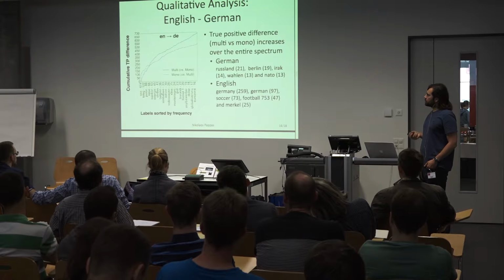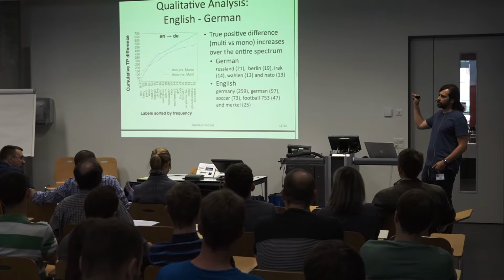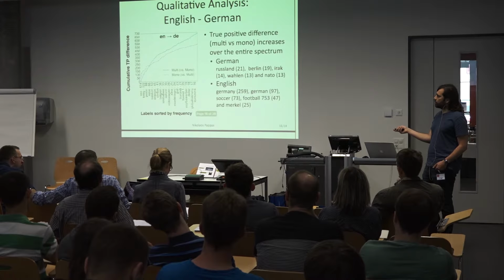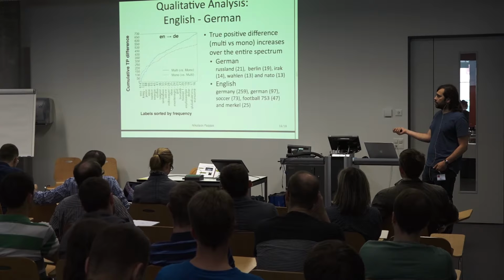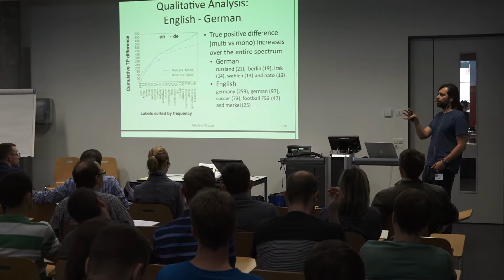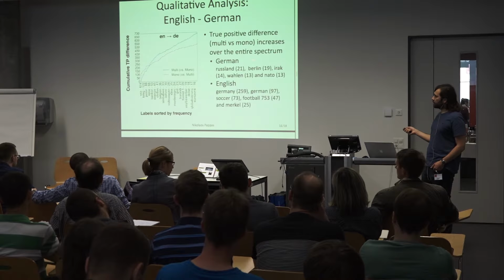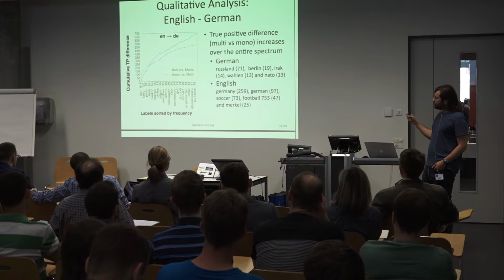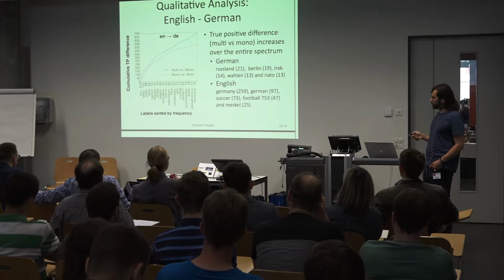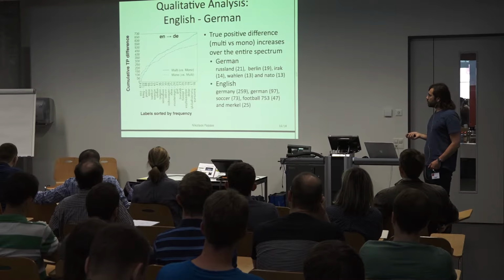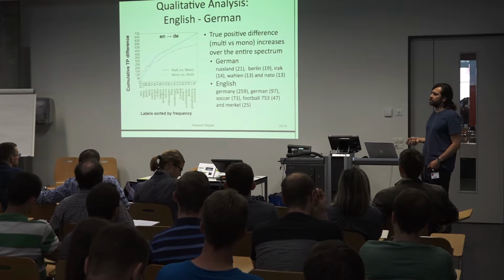What we can see here is that the true positive difference increases over the entire spectrum, in favor of the multilingual model. So it's interesting because you get to really improve even topics that are rare.